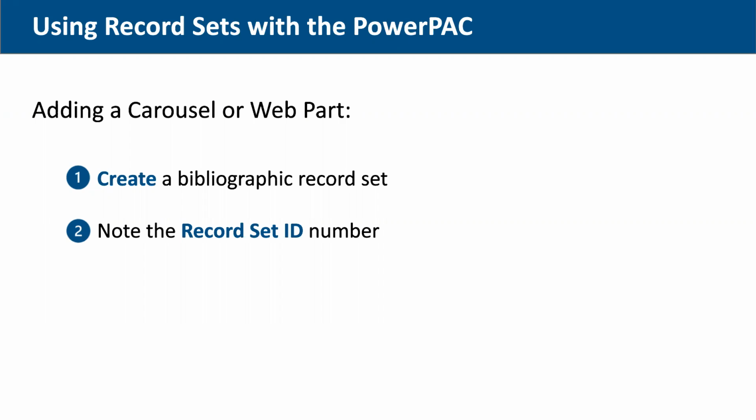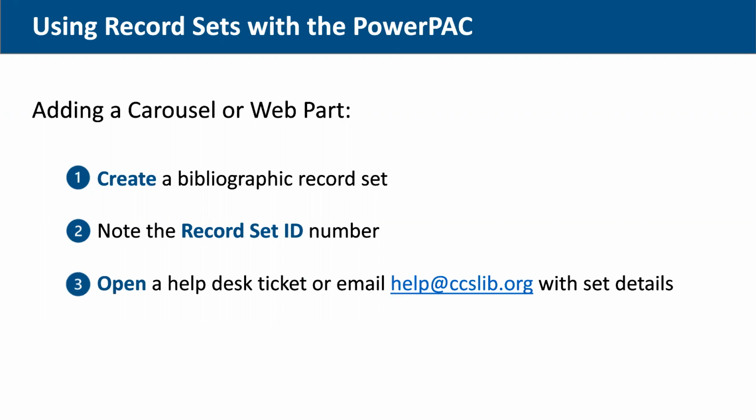So the Pack uses that ID number to pull the results into the catalog. And then third, you'll need to ask CCS to add the carousel or the web part to the Pack for you. So you just open a help desk ticket or email help@ccslib.org and tell us the record set ID number. And essentially that's all you need to do, just those 3 steps.